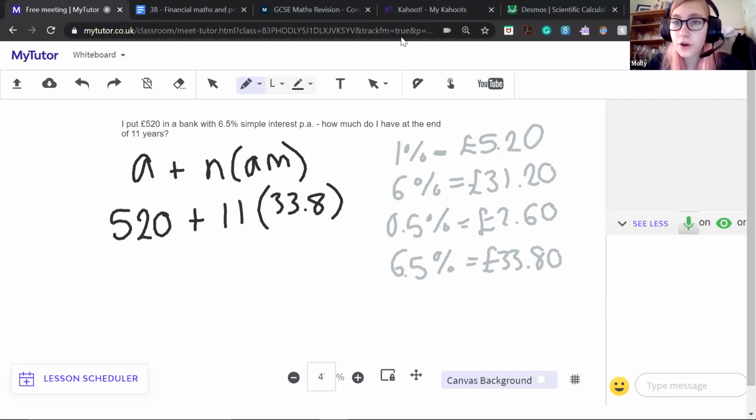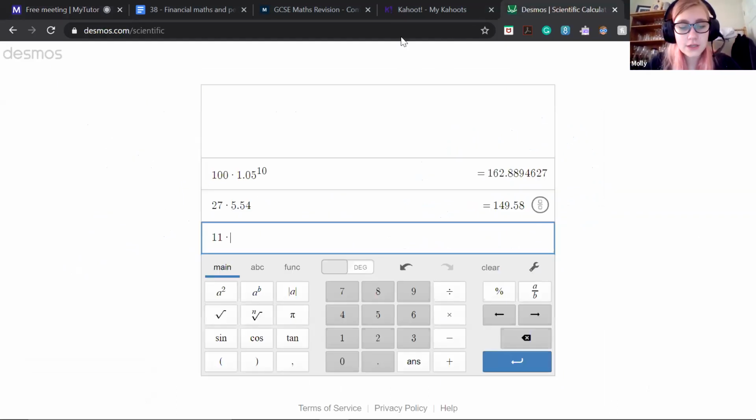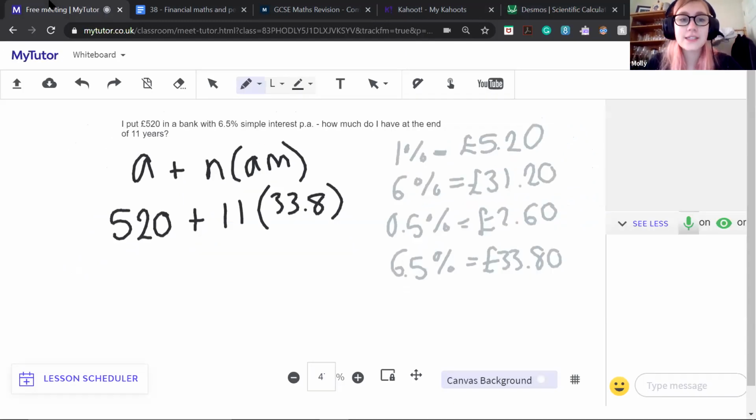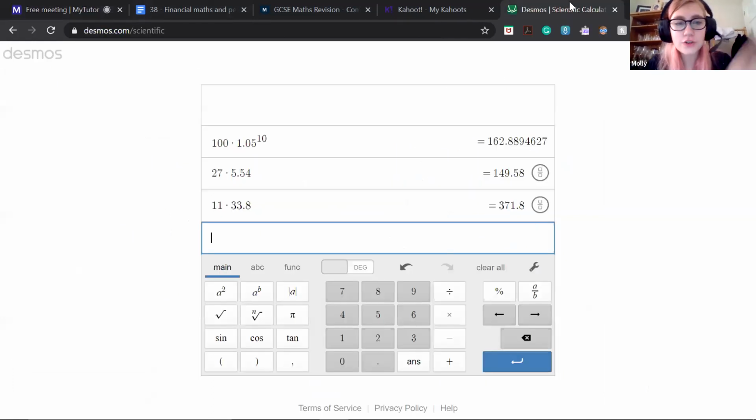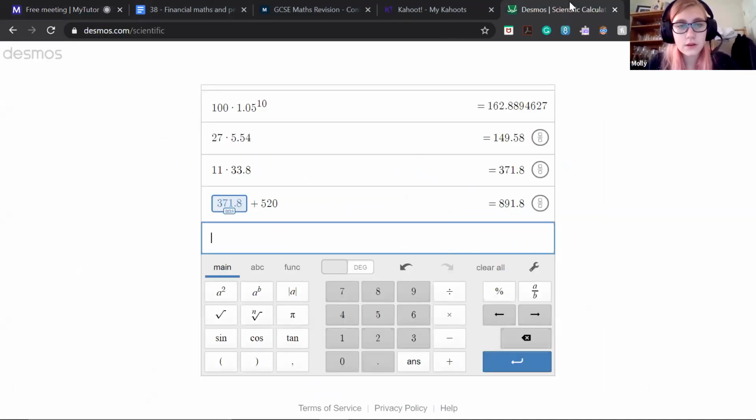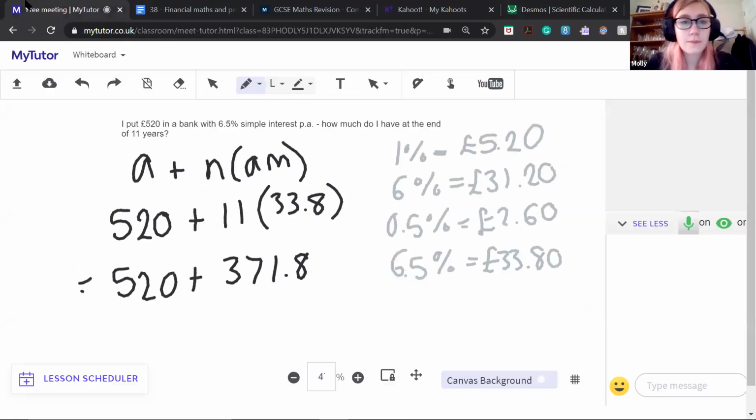But you could do it using column multiplication. So 11 times 33.8 gives us 371.8. And then we add 520, so add our original amount. And we get £891.80.